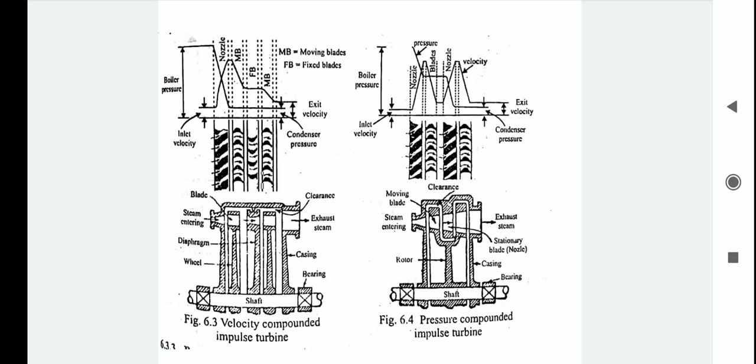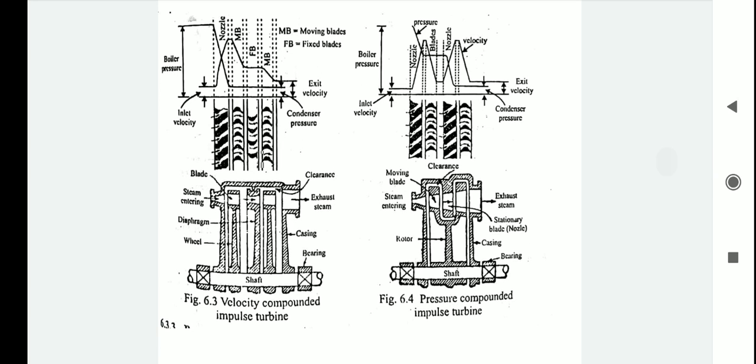Coming to compounding of steam turbines, consider a single stage comprising a single nozzle and a single row of moving blades. The flow energy or kinetic energy available at the inlet of the machine is not absorbed fully by one row of moving blades running at half of the absolute velocity of the steam entering the stage, because even for maximum utilization, u by v equals psi, that is half.